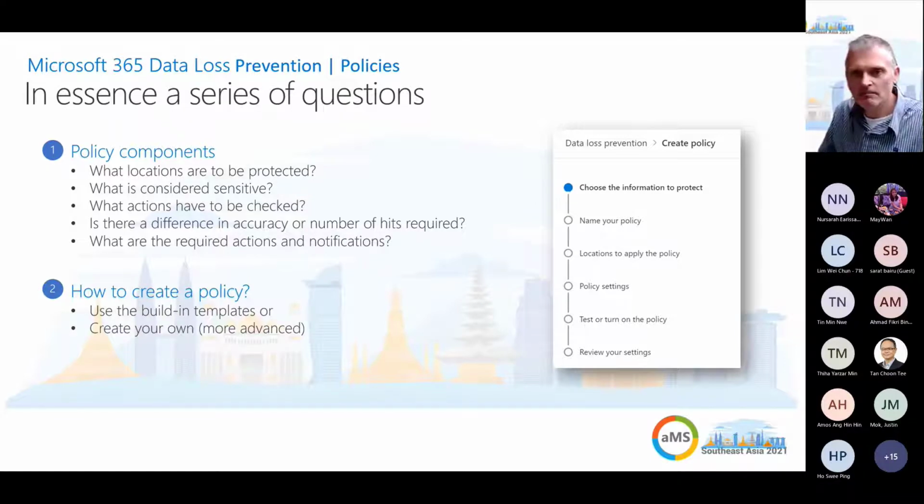So let's take a look at the policies, but before we do, just one other piece of information which is very relevant. I already talked about finding that sensitive information, but I already mentioned at the start of the session that you can also look at other conditions for your DLP policy.